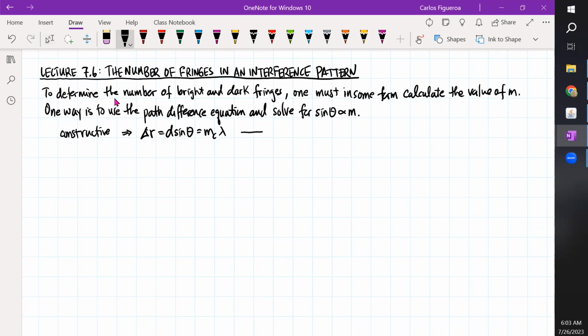If you solve for sine of theta, you get lambda divided by d times MC, and you can see that it's directly proportional to MC.